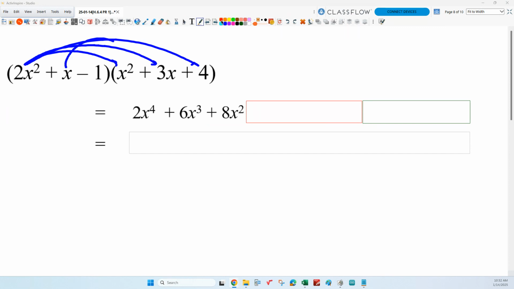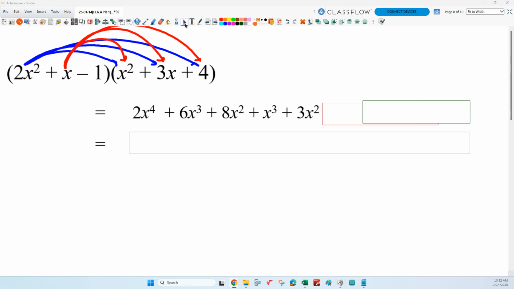Distribute x all the way through. x times x squared is, so I have an x cubed, x times 3x, so I have 3x squared, good, x times 4, 4x, so I have 4x.